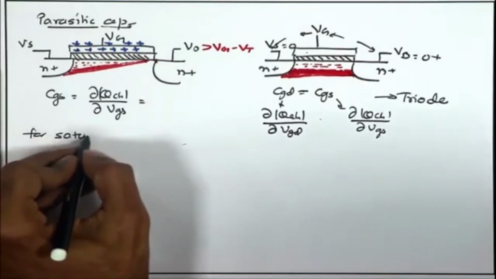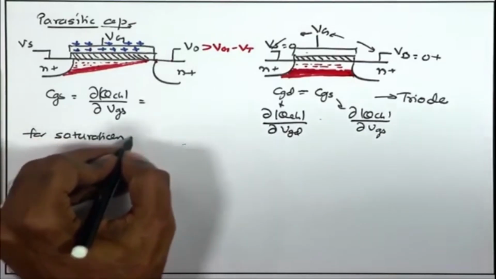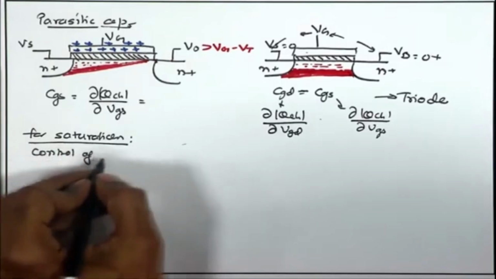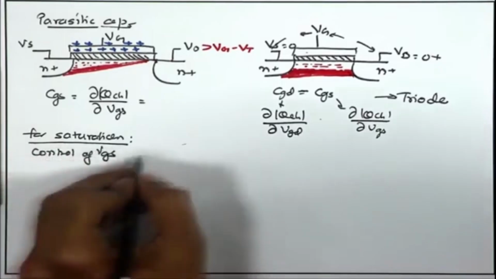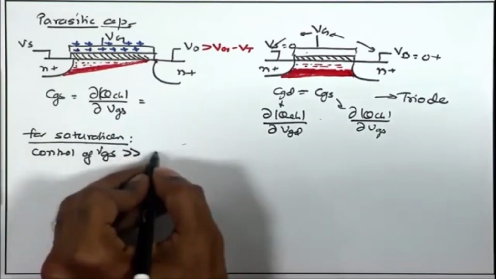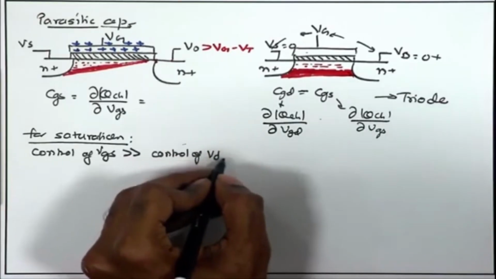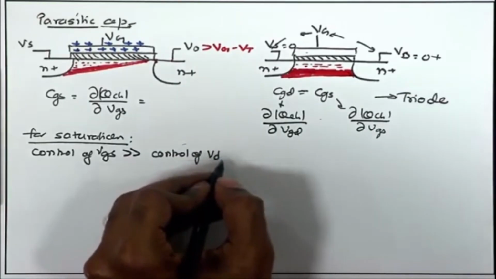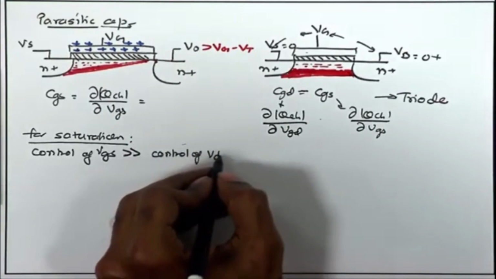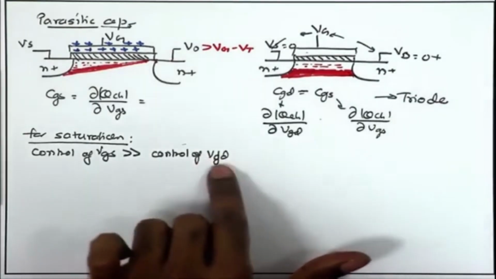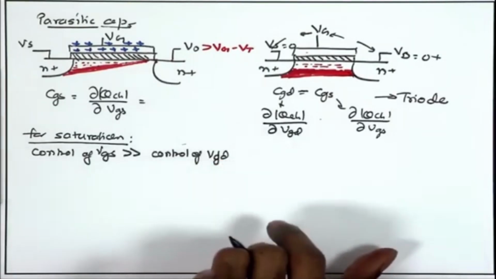For saturation region operation, the control of V_GS is much larger than the control of V_D or V_GD, and we can altogether ignore the effect of the changing drain voltage or V_GD on the channel charge.